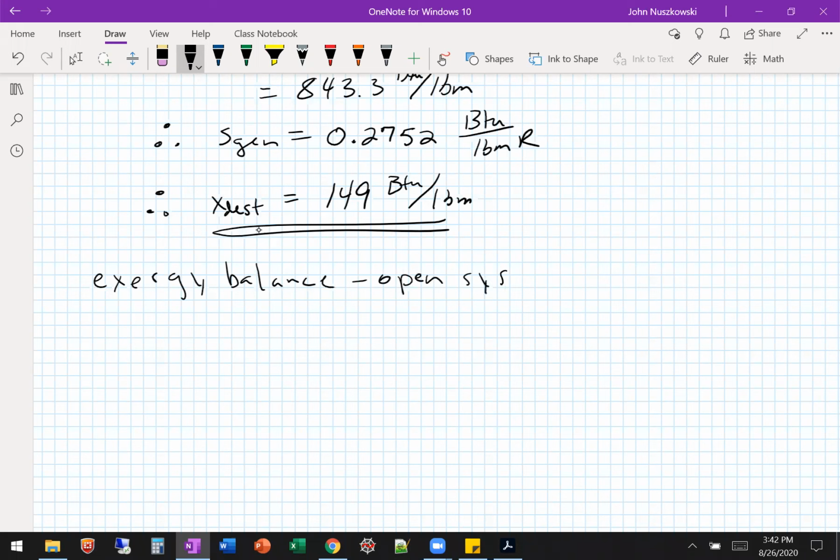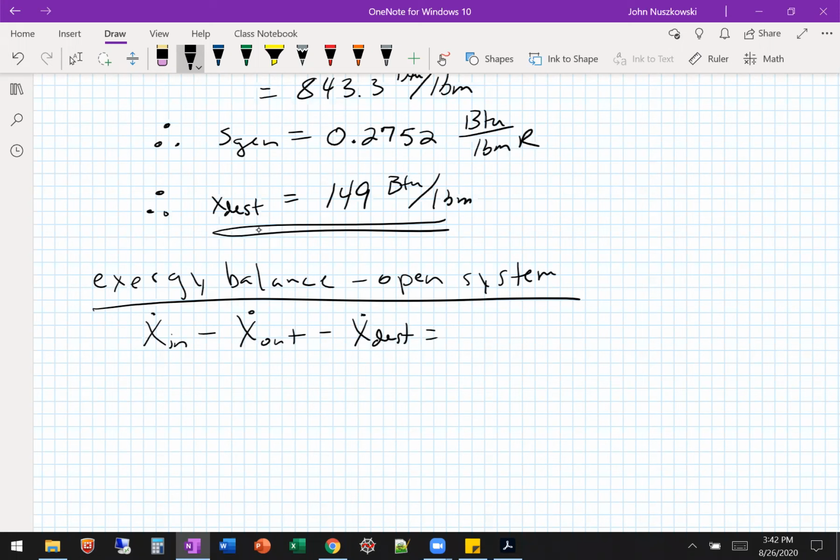Open system. I'll do the general one first. Okay, we have what's crossing our boundary, what's going on inside our boundary, and then the destroyed, right?